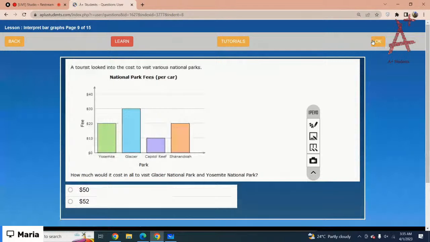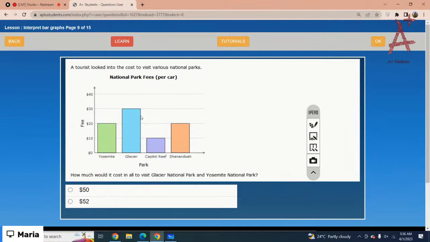Okay, the next one is a tourist looked into the cost to visit various national parks. How much would it cost in all to visit Glacier National Park and Smith National Park? So here is the cost. Smith National Park has the fee of $20 and Glacier has $30. So you have to calculate the total cost.